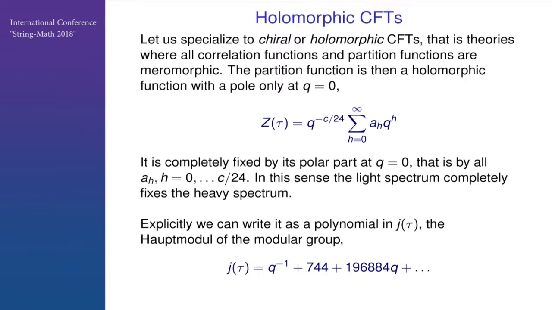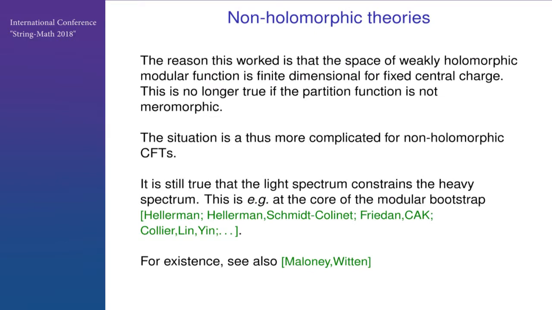As I already mentioned, everything I'm going to say I will express in the language of holomorphic or chiral theories. Some of the statements actually also hold for non-holomorphic theories, but for convenience, I will just restrict what I'm presenting here to such holomorphic theories. The point is that for non-holomorphic theories, the slogan is no longer exact, but there are still remnants of the slogan available.